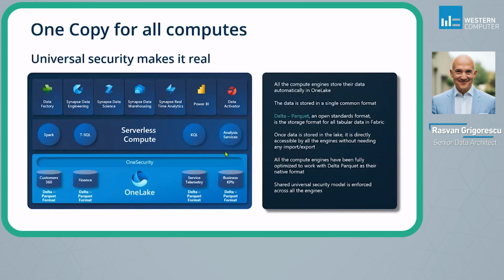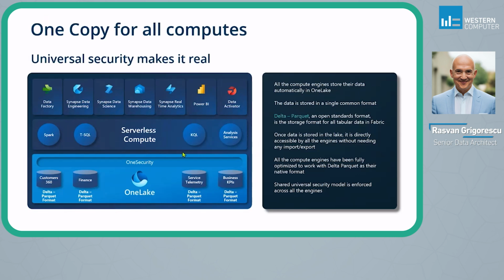The second component that is not often realized, an advantage of OneLake, is that we're using multiple computing engines. In the second layer here, you see a Spark engine that allows PySpark notebooks to run. We have a T-SQL engine for transactional data.